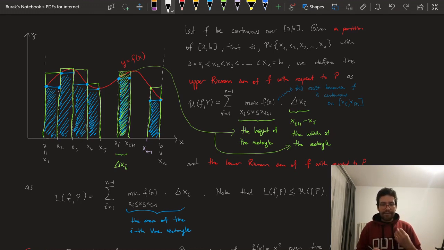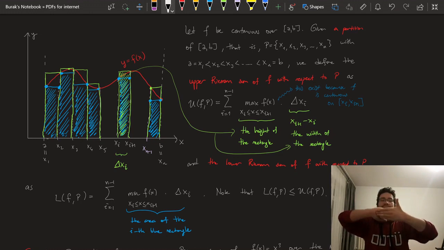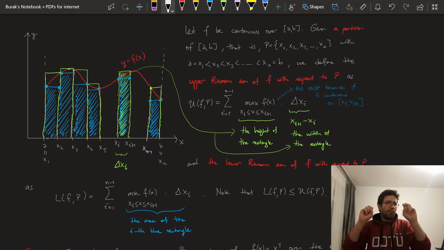Let me define the concept of signed area of a region. What do I mean by signed area? Signed area means this: you have a region in the plane. If this region is above the x-axis, you pretend that the parts of this region above the x-axis have positive area, and the parts below have negative area, whatever that means.